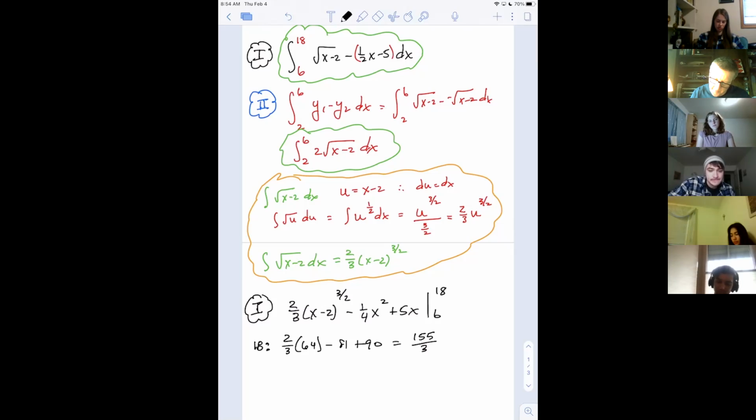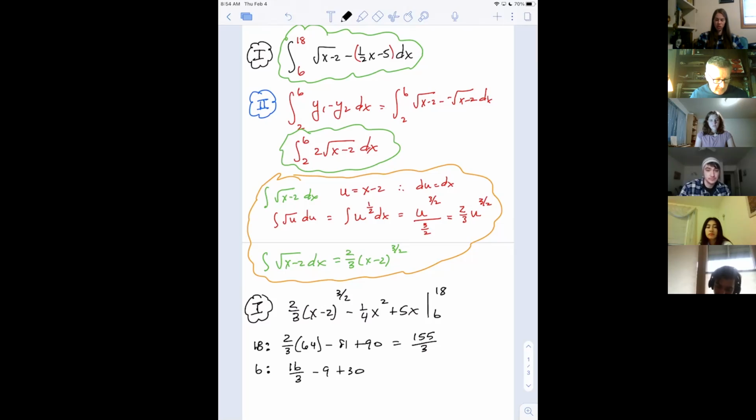So that's what happened when I plugged 18 in. When I plugged 6 in, 6 minus 2 is 4. The square root of 4 is 2. 2 cubed is 8. 8 times 2/3 is 16/3. So I did all that in my head. 16/3 minus 6 squared is 36, divided by 4 is 9, and then 6 times 5 is 30. So cheating, 16 thirds minus 9 plus 30.